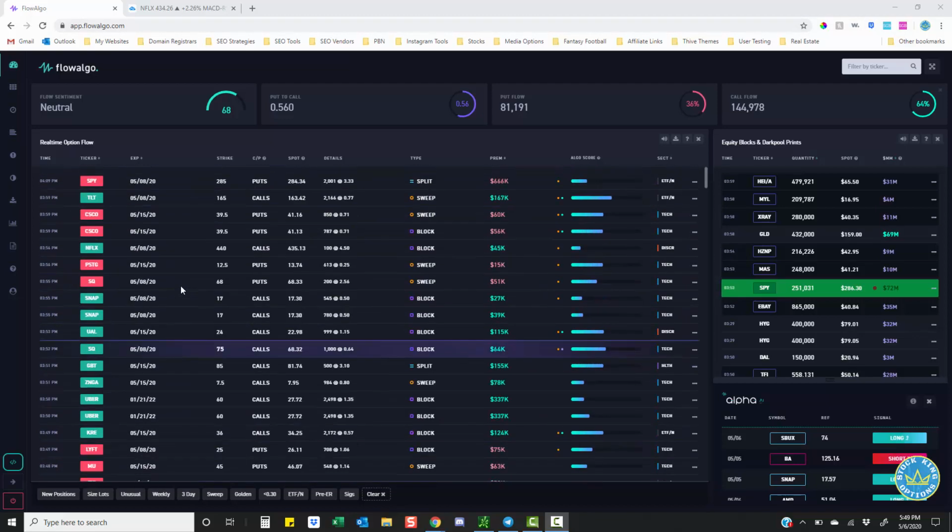Just to give you a quick overview, these are the order flows which come in. You can see today is May 6th, 2020.